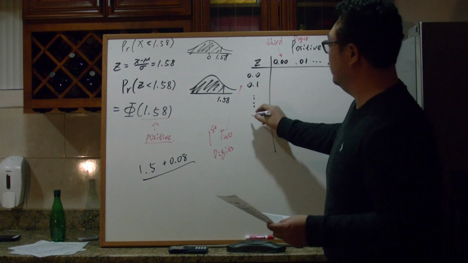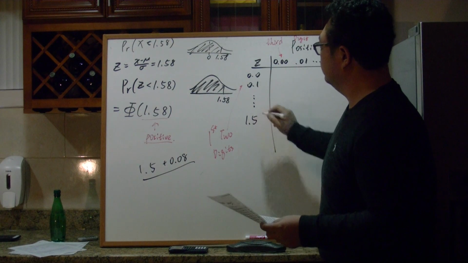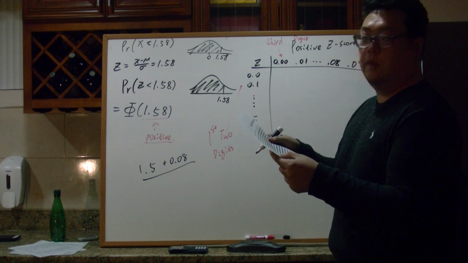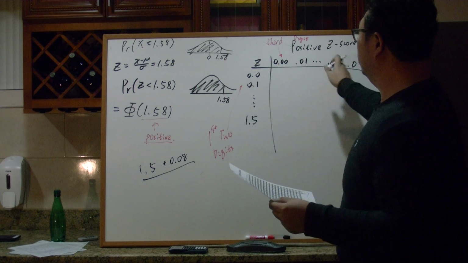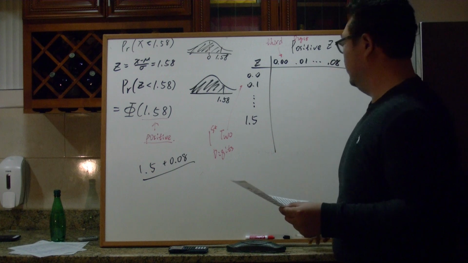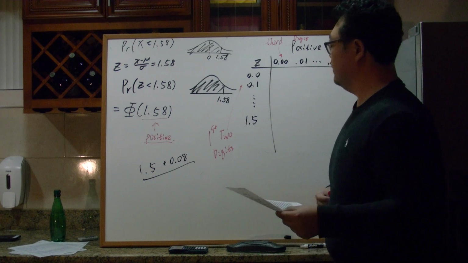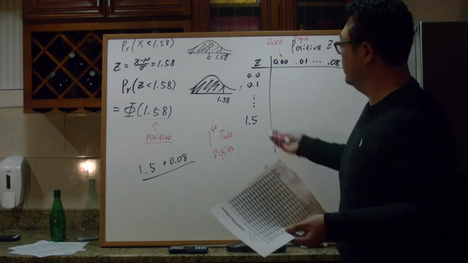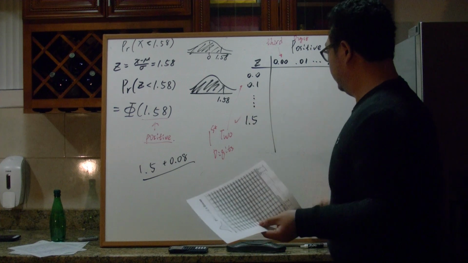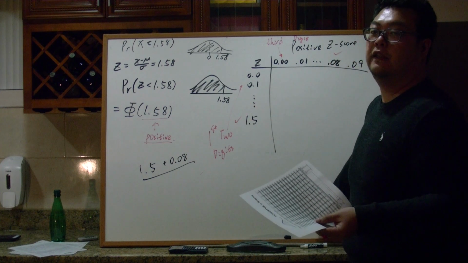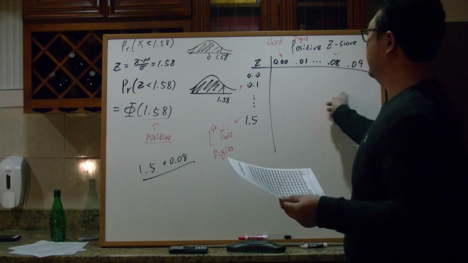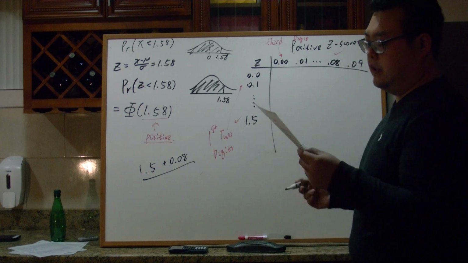So the row over here we can see is the value 1.5, and the column over here we're looking for 0.08. Combined together they make 1.58, and the value inside is called the table value.